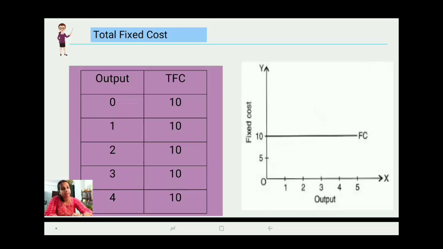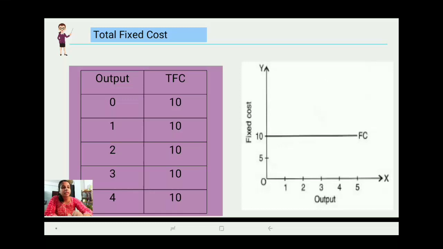There is always a fixed cost, because for any production house, when you hire a building or rent a house and you are not producing, you still have to pay the rent for that land or house. So even at 0 level of output, fixed cost will be there and it will remain the same as output increases. So here it is 10, 10, 10, 10, 10. Every time it is the same.